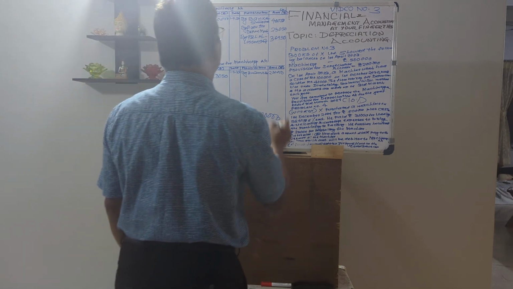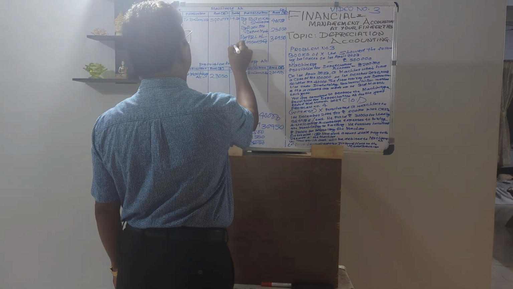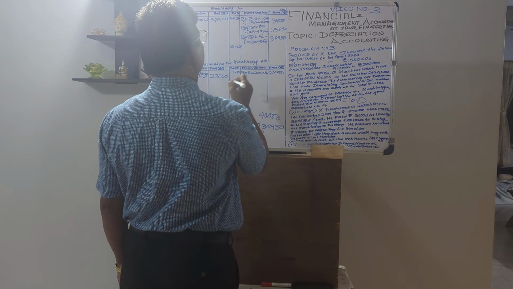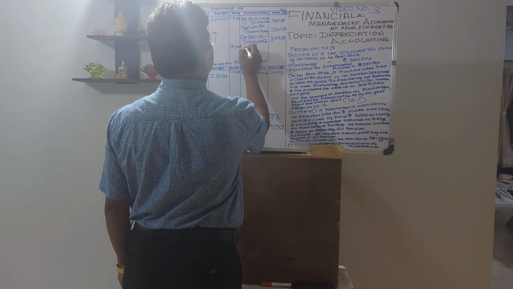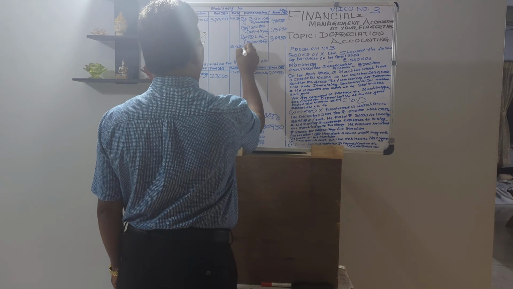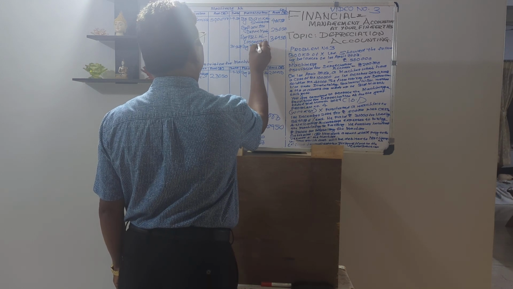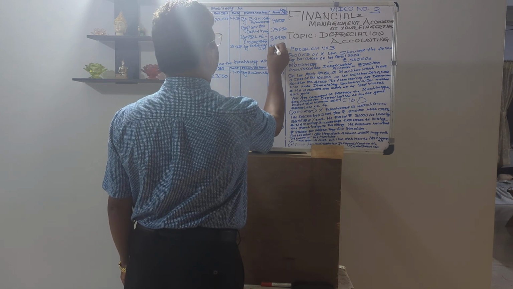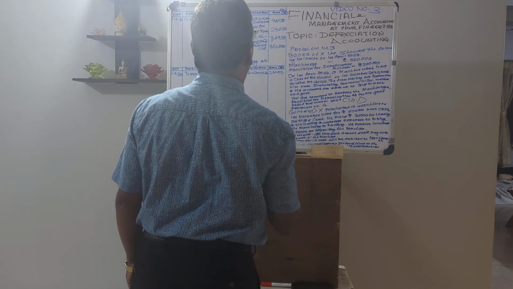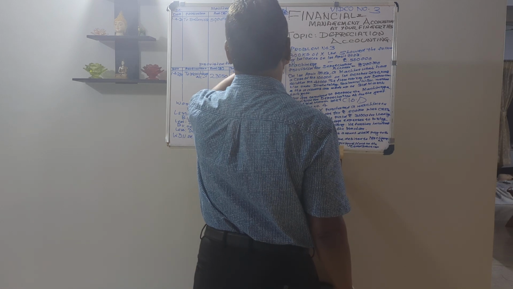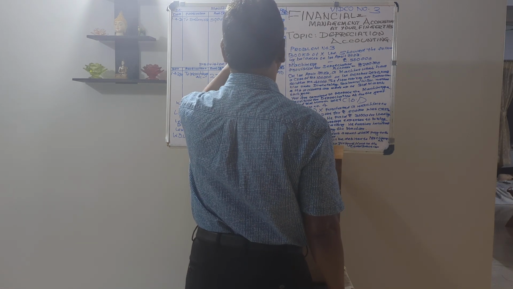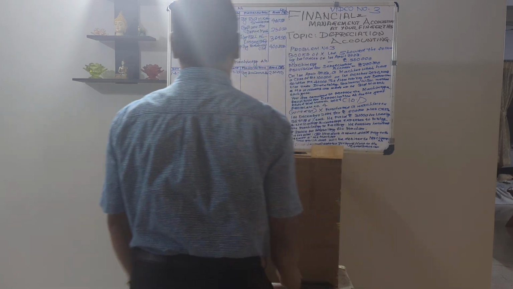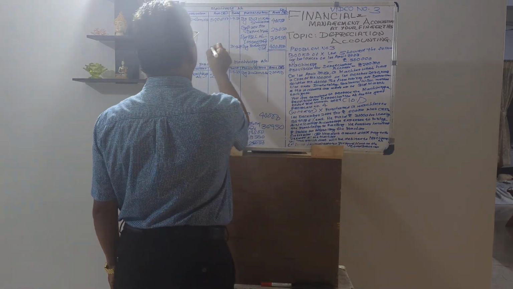Then here on 31st March 2024, the balance is by balance carried down. So the amount is 4 lakhs. Because this is 1 lakh, 4 lakh. Then 5 lakh is done.